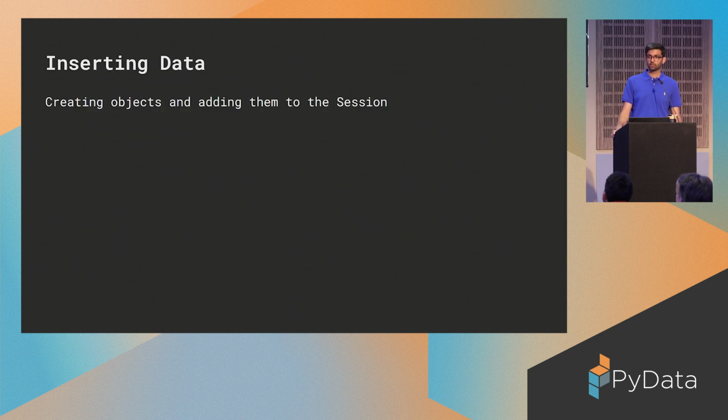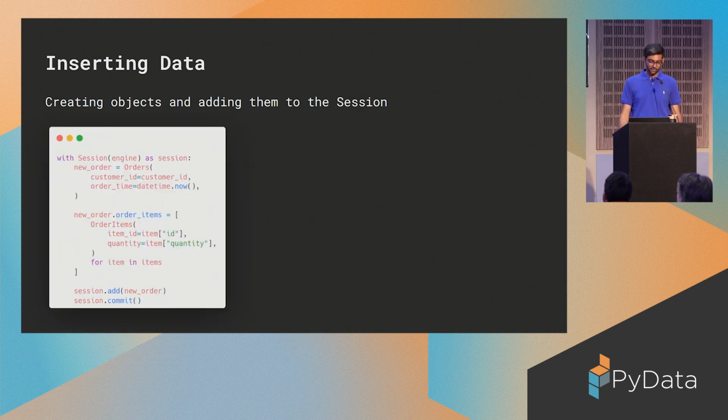Now, inserting data is also super easy. You can do that by using the session object again, and you can just add newly created objects to the session. So here is an example of me adding two objects to the table. We have the orders and order items tables.